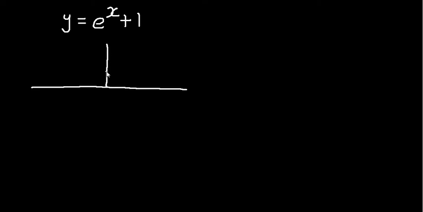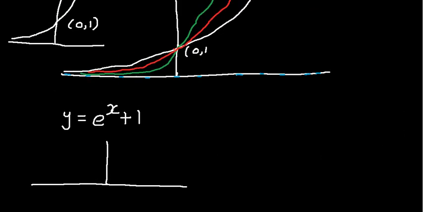This point here, when x was equal to 0, y was equal to 1, is now going to get shifted by 1, so that's going to be 0 comma 2, plus you're going to be able to see the asymptote on the y is equal to 1 line.